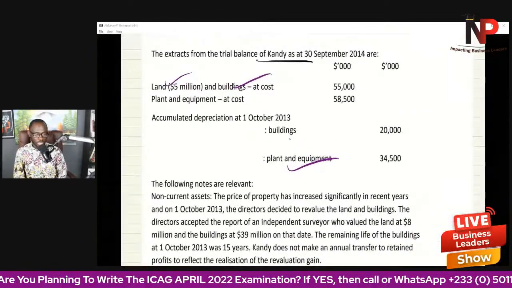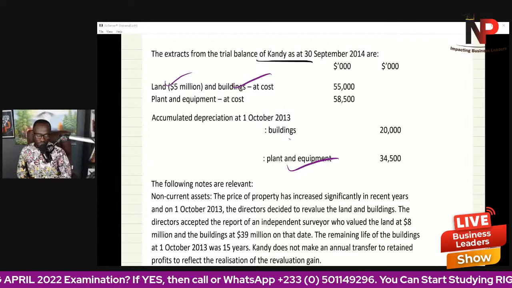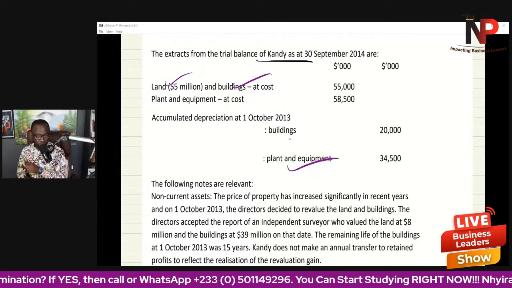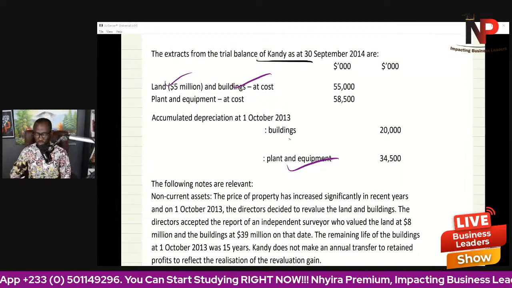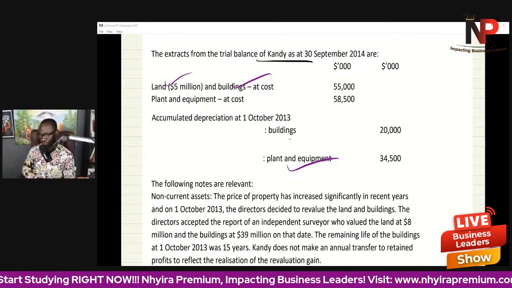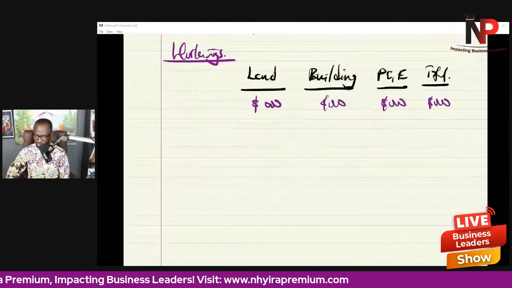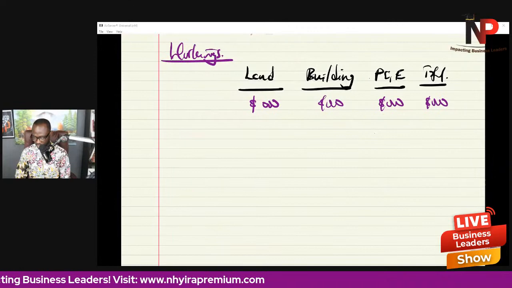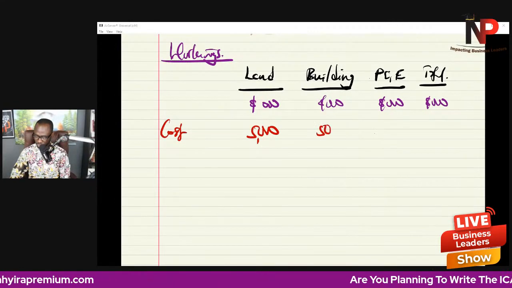The examiner said land and building at cost is 55,000, but the land is 5,000, the building will be what? So if the total is 55,000 and land is 5,000, that means the building is going to be 50,000. So we bring in the cost, 5,000, 50,000.